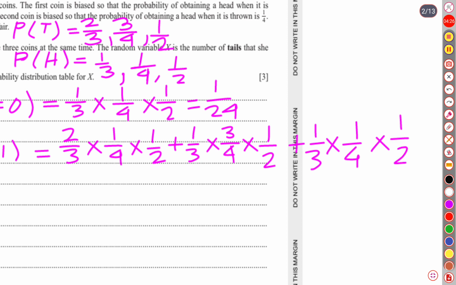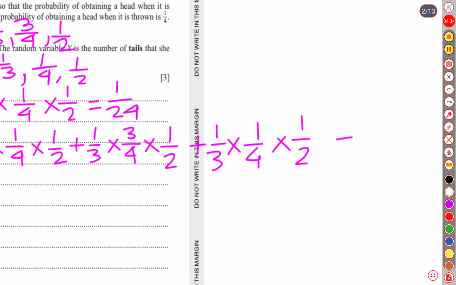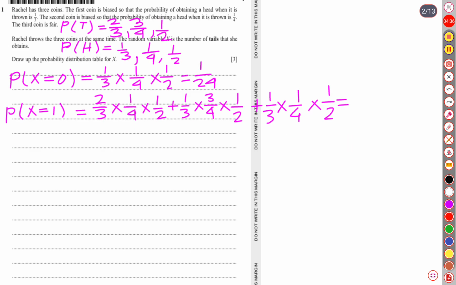So finally, our probability, if we simplify, is going to be 2 plus 3, 5, so 6 over 24 means 1 over 4. Okay, then the third possible case.